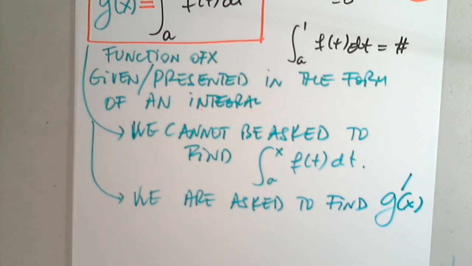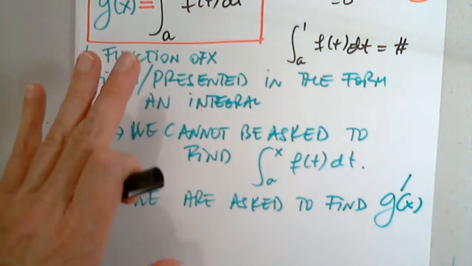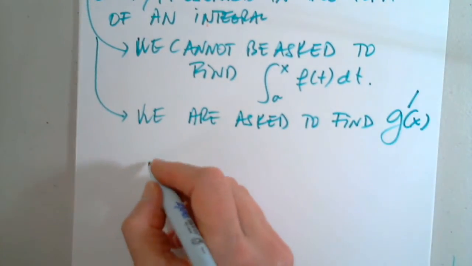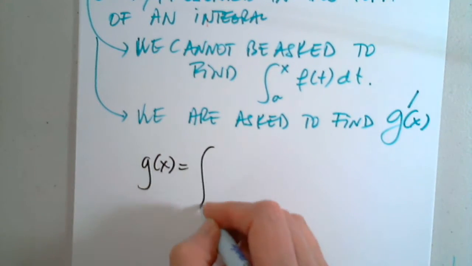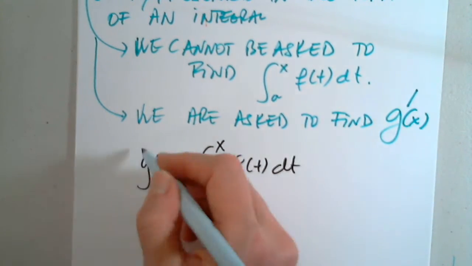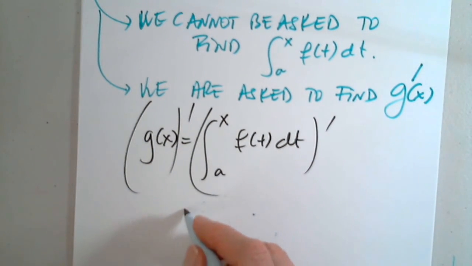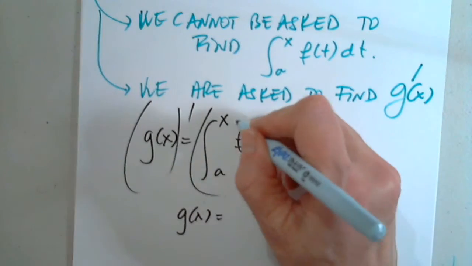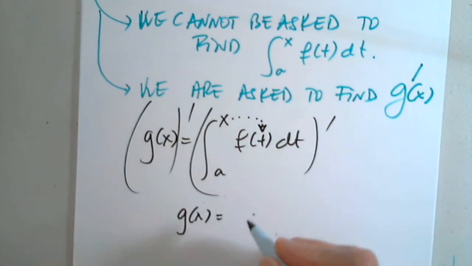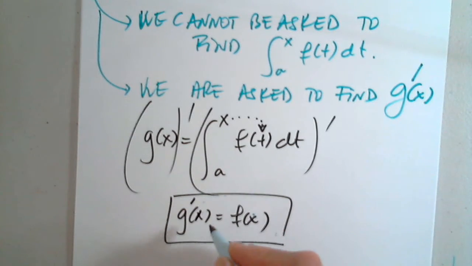That's it. Okay, fine. Just to show that when I differentiate this side, I want to write it one more time. So we have this function, brilliant function, in the form of an integral. Fine. Now let's see what we get when we differentiate. What is this function all about? It's nothing else but f of x. Of course, g prime.